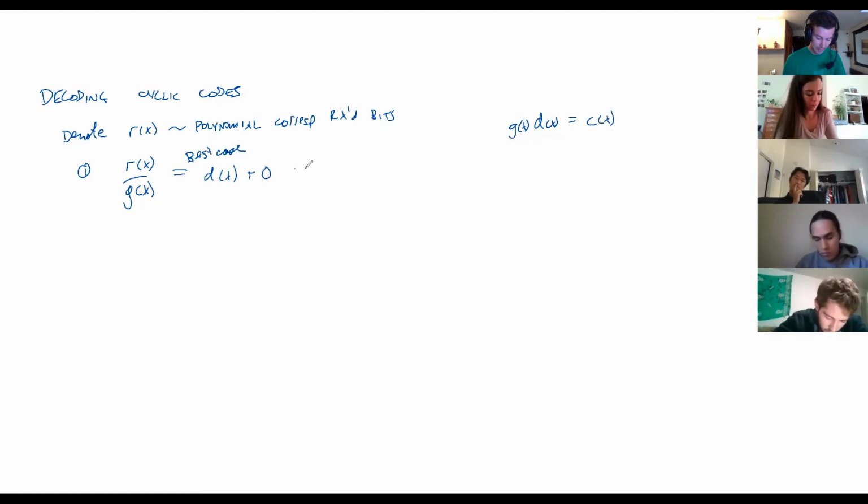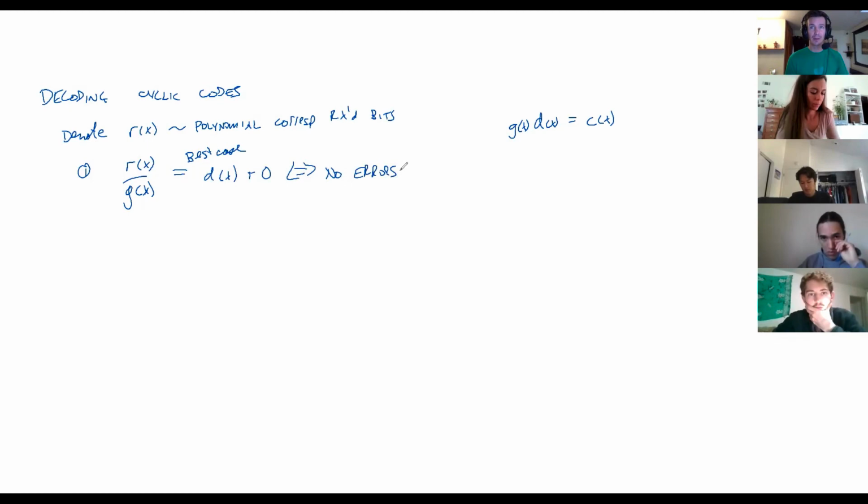This would mean either no errors, or, remember we can never rule this out, exactly the right errors to switch one code word into another code word. Okay, so I don't want you to think that possibility isn't possible, but it's unlikely.